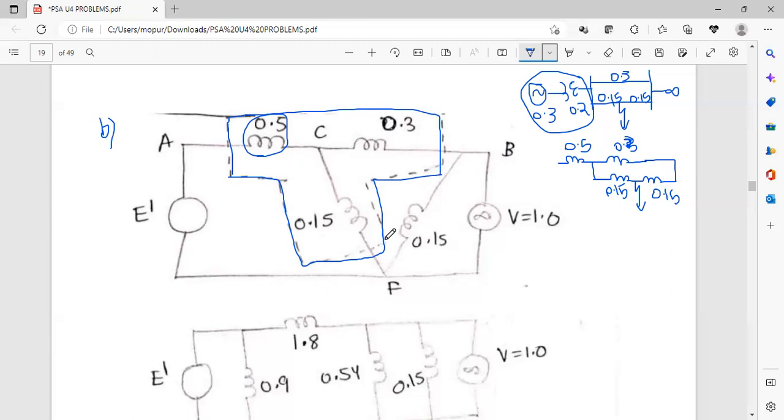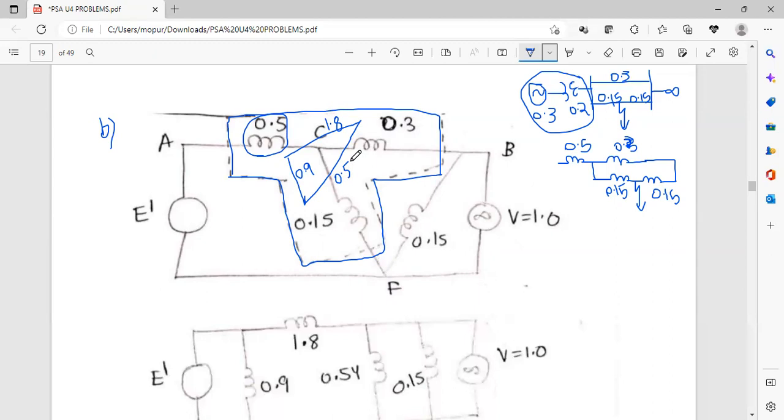So you will get a delta like this, where this side is 0.9. This combination of 0.5 and 0.15, if you solve, you will get 0.9. And the combination of 0.5 and 0.3, if you solve, you will get 1.8. And then this combination of 0.15 and 0.3, if you solve, you will get 0.54.